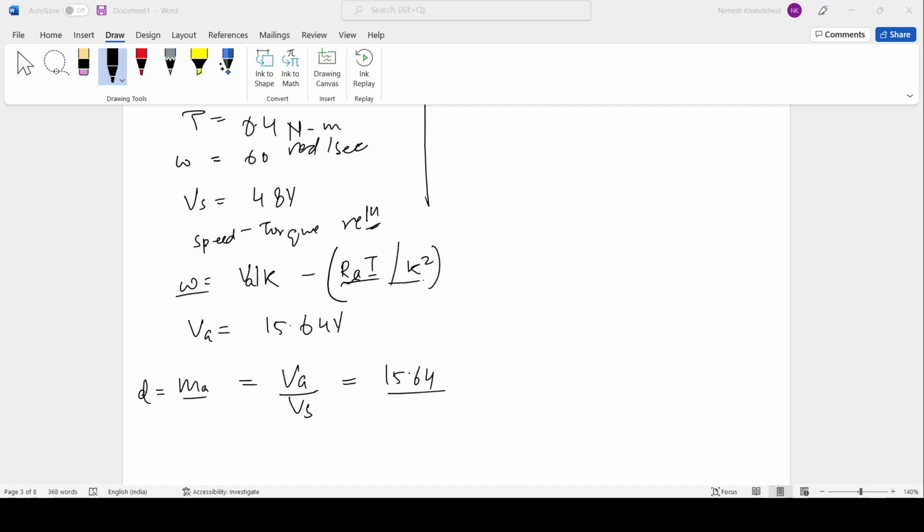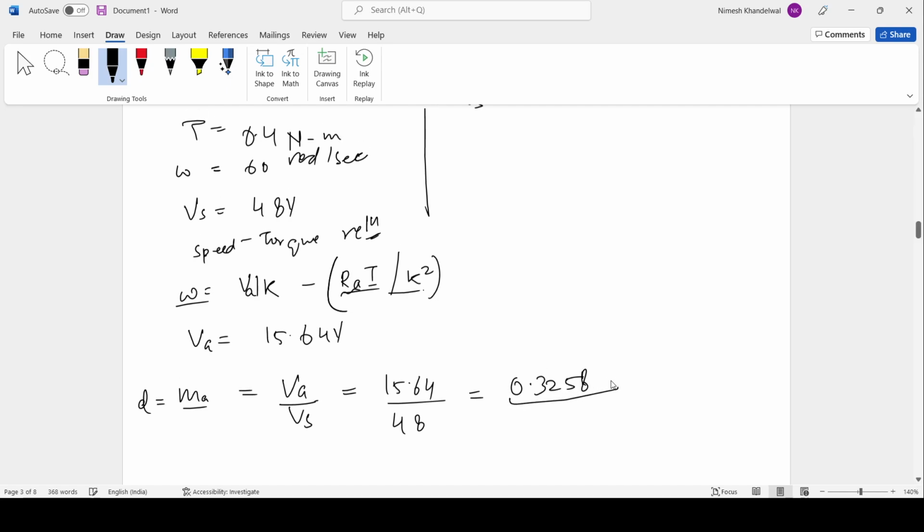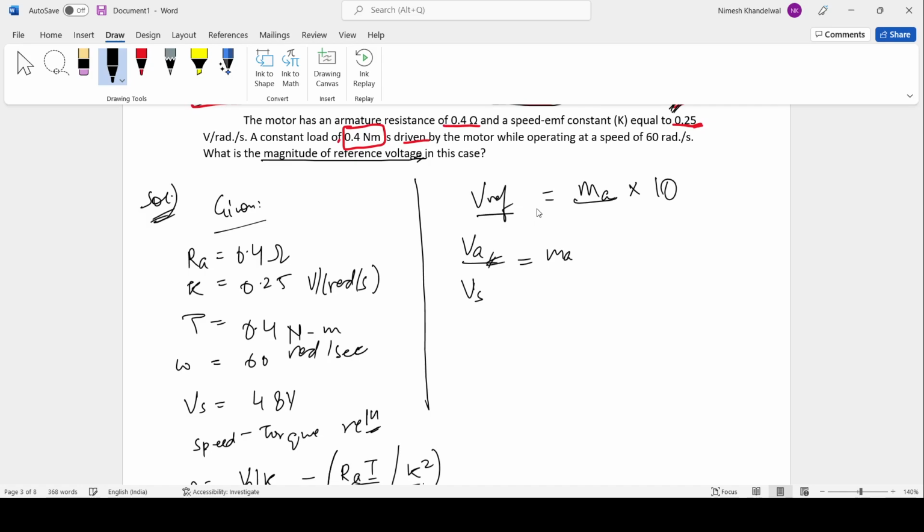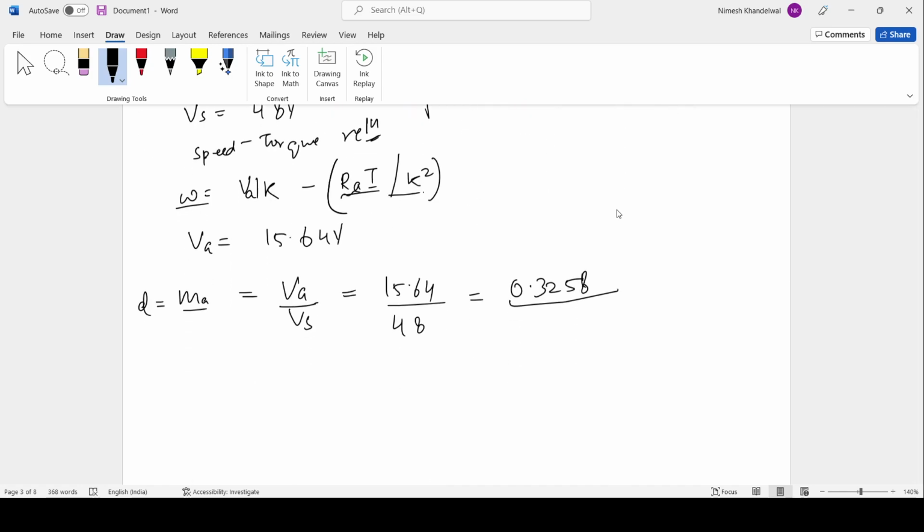So 15.64 that we have calculated just now divided by 48 volts we have been given. This comes out as 0.3258. Okay, and now once we have this modulation index, we can easily calculate our VREF like this.